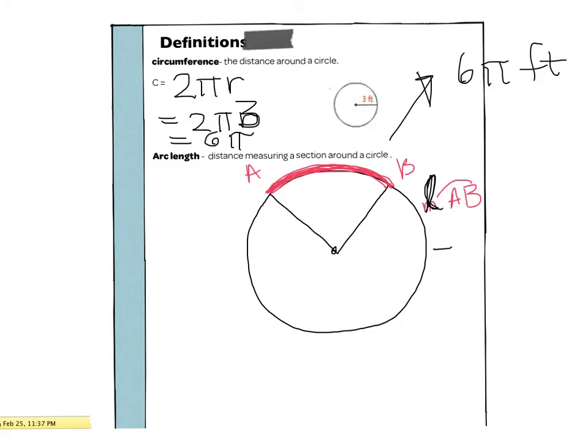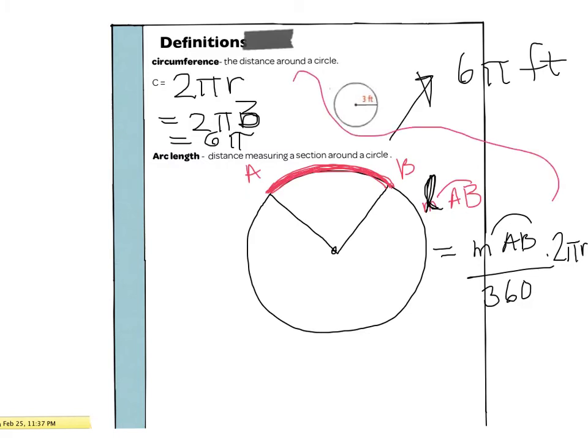That's going to be equal to the actual measure of arc AB over 360 times, you're not going to believe it, 2 pi r. And where did that come from? Oh, it came from the circumference. That's right. It comes back again. You have to use that circumference there. So you're looking at a ratio.